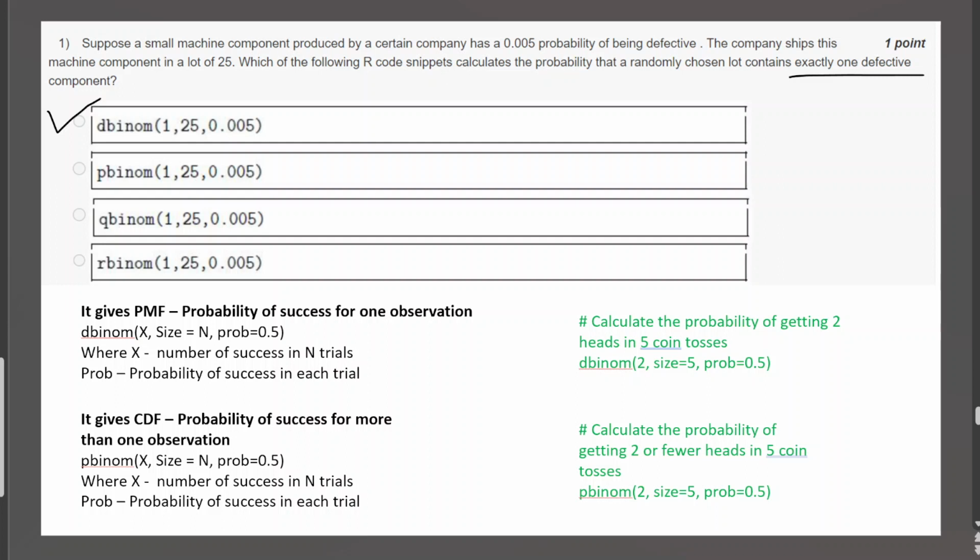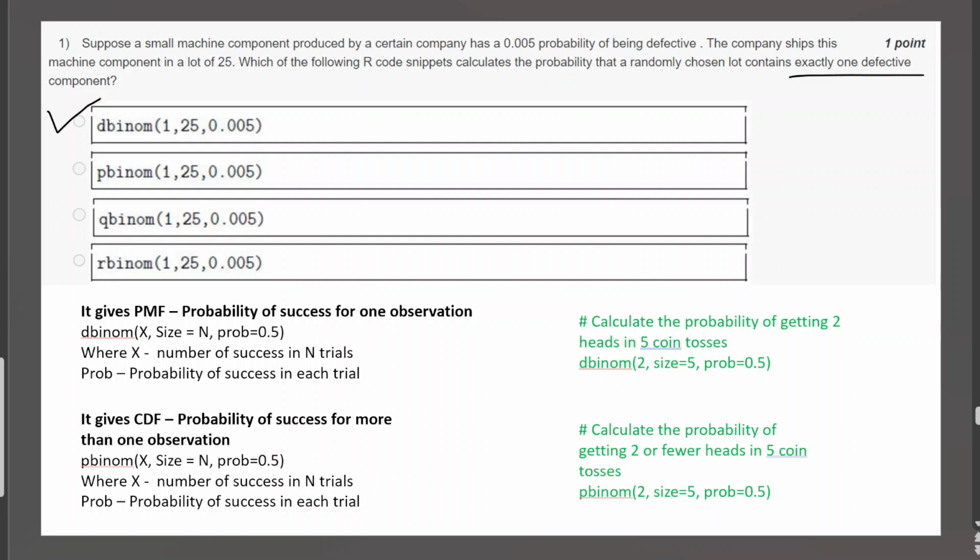Let's discuss some more problems before winding up. Suppose a small machine component produced by a certain company has 0.005 probability of being defective, 0.5%. The company ships this machine component in a lot of size 25. Each of the following R code snippets calculates the probability that a randomly chosen lot contains exactly one defective component.